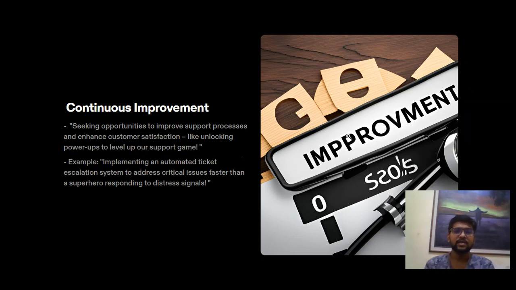Continuous improvement: seeking opportunities to improve support processes and enhance customer satisfaction. As a support engineer, you are dealing directly with customers, so you are the face of the company. You need to improve your support processes.